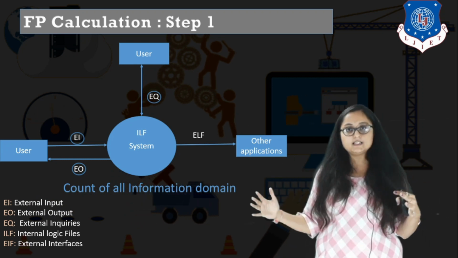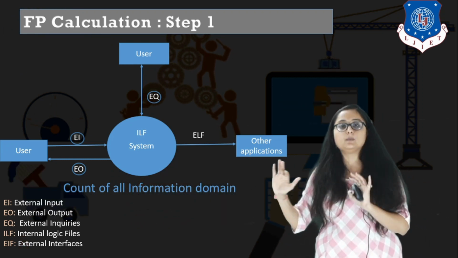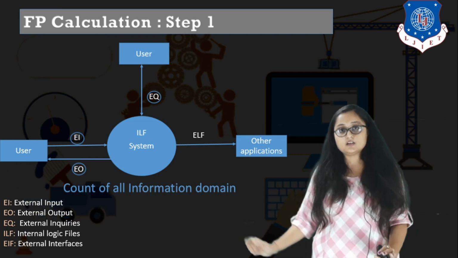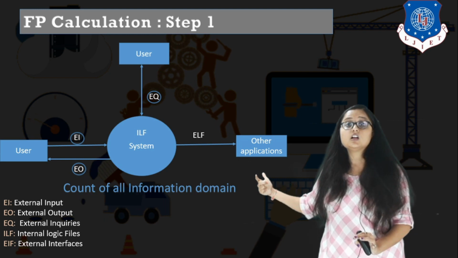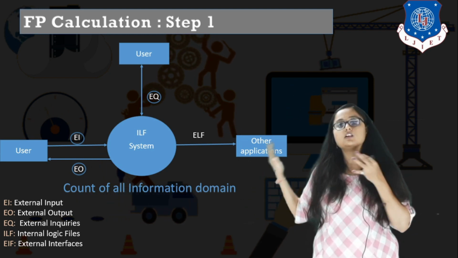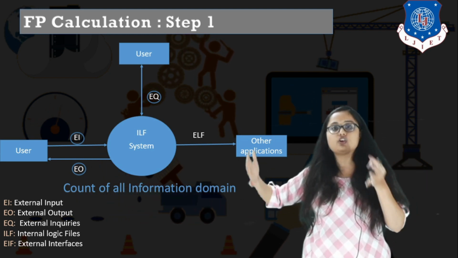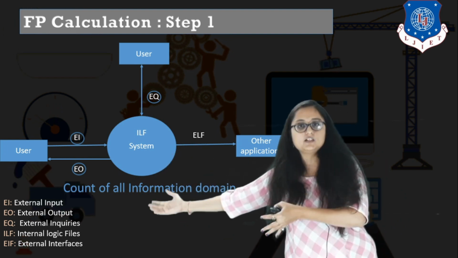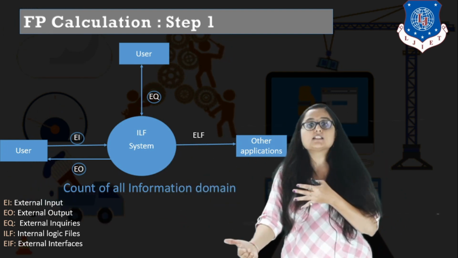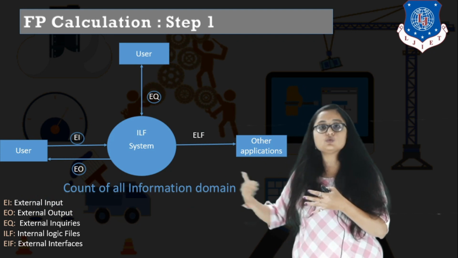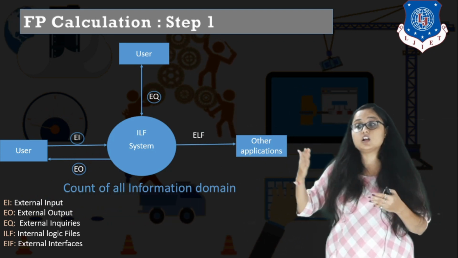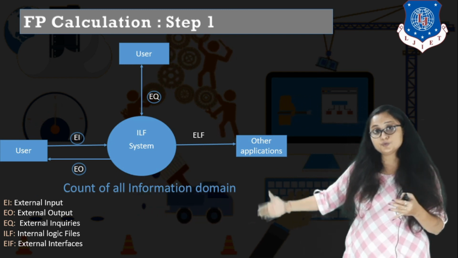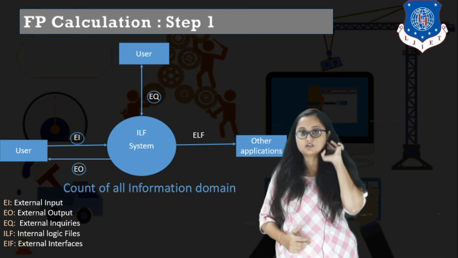When the student is entering his or her enrollment number, that entered enrollment number is external input, and his attendance report, like for example the system is giving that your attendance for this semester is 85%. That is data which the system is giving based on the input, that is known as an external output. You have to count the number of outputs that the system is giving to the user, right?